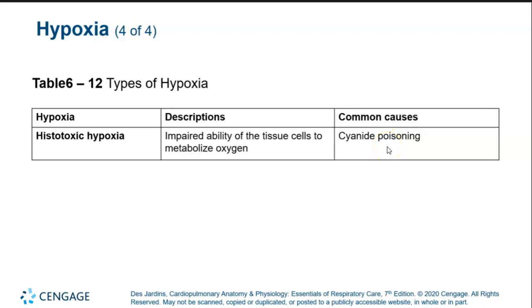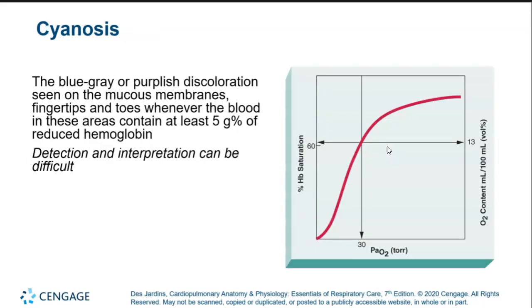Patients who have been in a fire, especially one that has melted plastics, can release cyanide and cause cyanide poisoning. So be aware of histotoxic hypoxia, and anemic hypoxia because of the carbon monoxide in your smoke inhalation or fire victims.